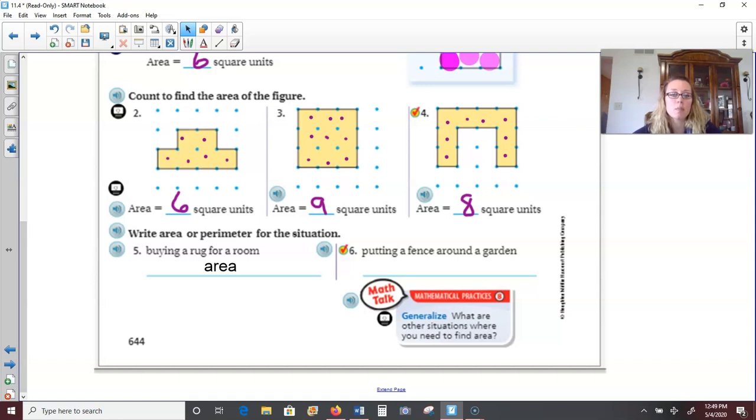So if he needed to put a fence around his garden, key word is around, so he would be calculating perimeter. You got it. So perimeter is the distance around an area, and an area itself is the space within that fills it in.